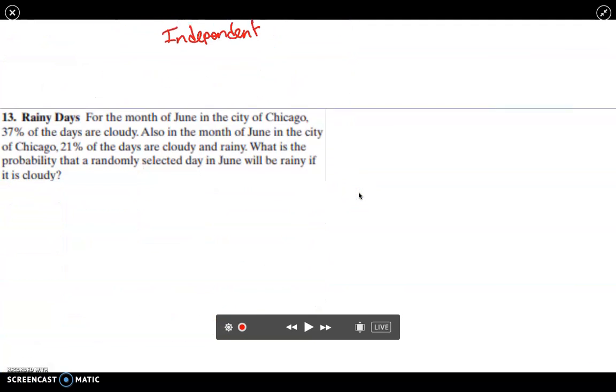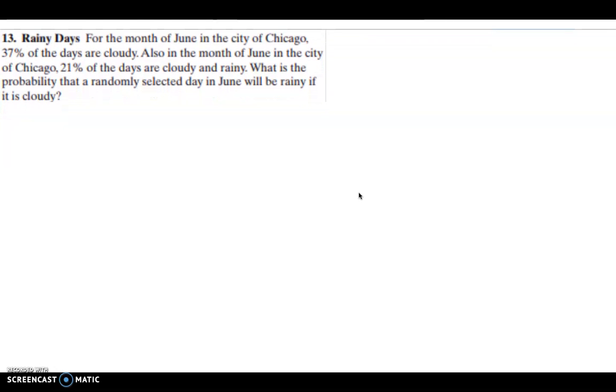Okay. Now, let's look at some weather here. Rainy days. So for the month of June in the city of Chicago, 37% of the days are cloudy. So the probability that we are cloudy is 37% or 0.37. Also in the month of June, in the city of Chicago, 21% of the days are rainy and cloudy.